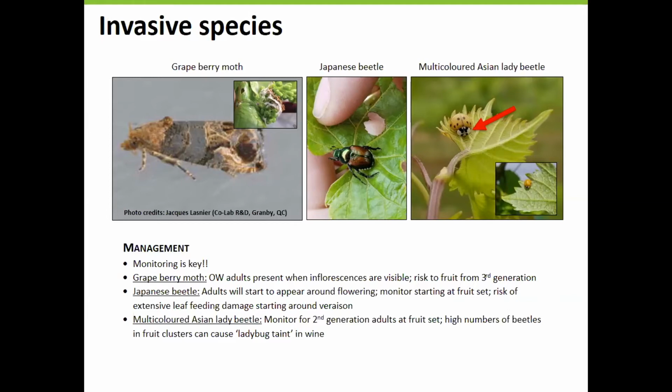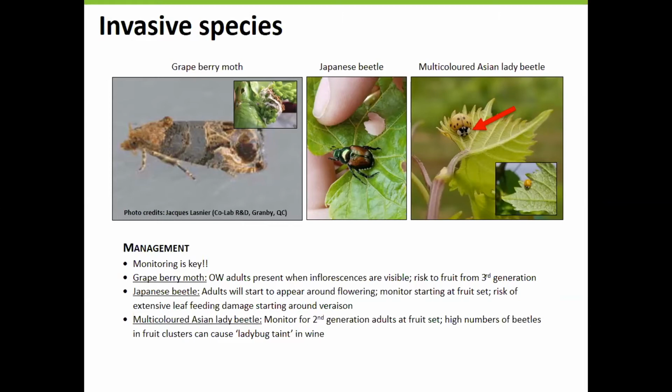So you're going to start to see the overwintering grape berry moth adults present when the inflorescences are visible. So we're past that. But the real risk is to the fruit. It will start in the first generation. Once those berries start to develop, it gets in there. Grape berry moth is a direct pest.